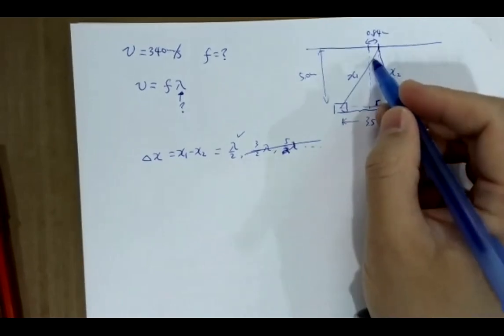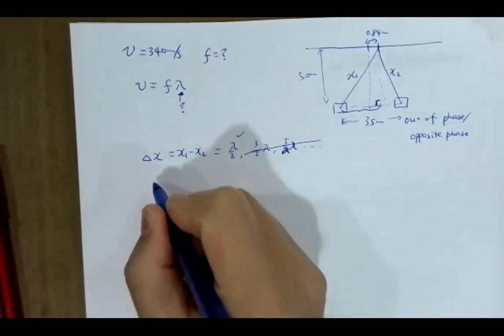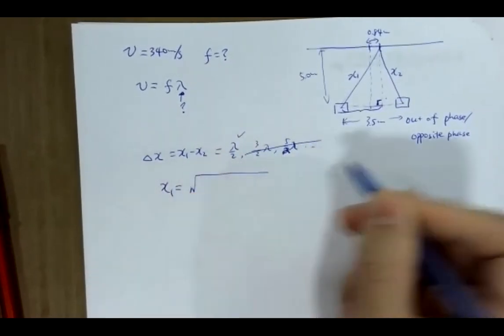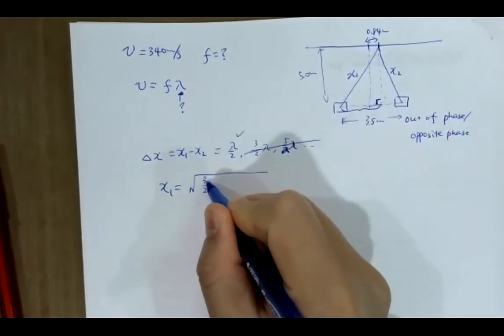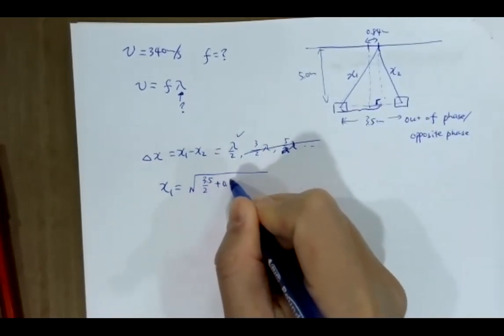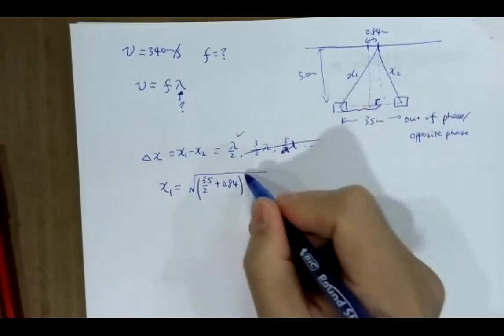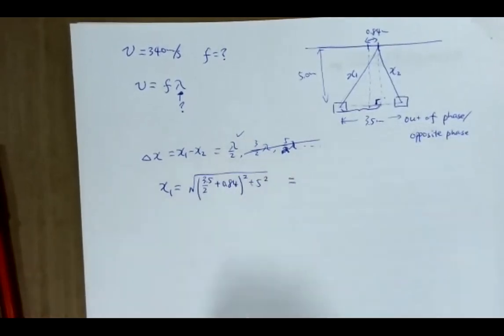Then you can use the Pythagorean theorem to figure out x1. Your x1 will be equal to the square root of half of 3.5 plus 0.84, this side squared, plus 5 squared.